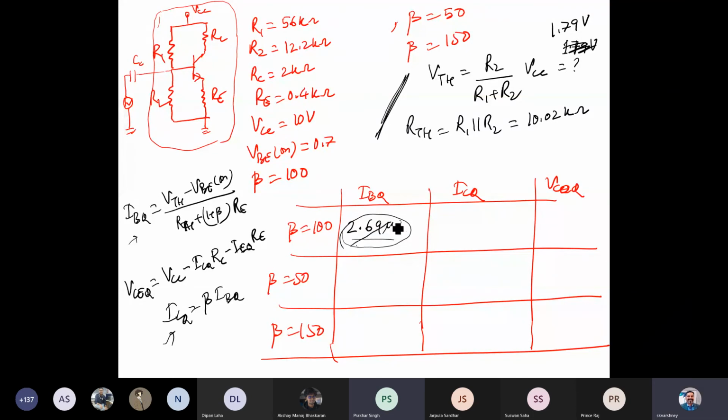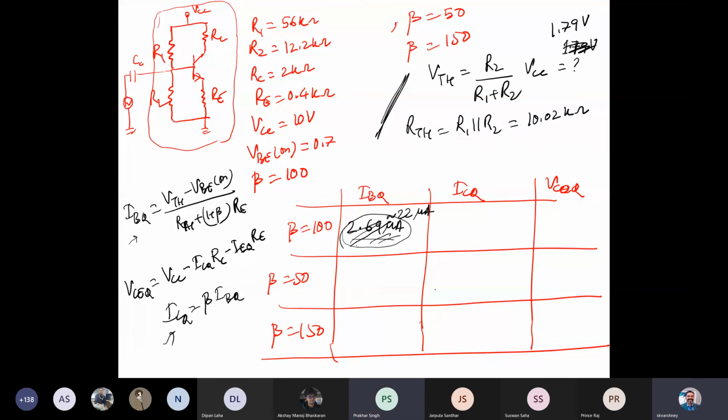Yeah, might be approximately correct, around 22 microampere. 21.6 something, yeah, 22 microampere IBQ, and then check out ICQ. It will be simply 2 point something milliampere. Then you find out VCEQ.